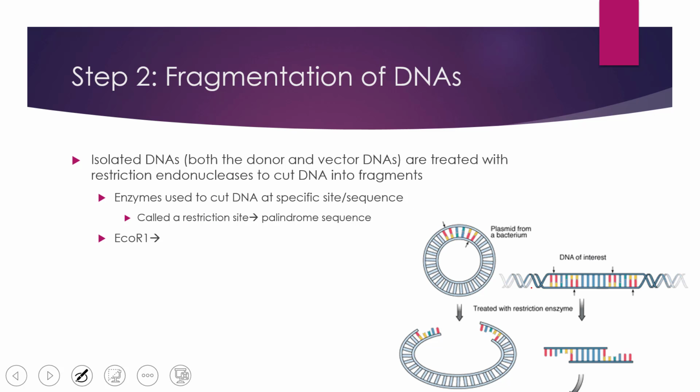Alright, so the next step is the fragmentation of DNA. And when I say fragmentation, I actually mean the cutting of DNA. So after DNA is isolated, both the donor and vector DNA, in order to be cut, they're treated by something we call restriction endonucleases.